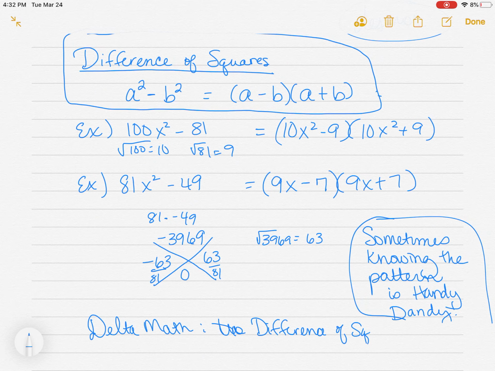And then the other thing for you to do is to complete your other factoring stuff if you haven't finished it. And then I will upload one other practice page for you that is identifying A, B, and C from standard form of a quadratic, because we are fixing to do the quadratic formula, and that is going to be a super duper helpful skill to know how to do.